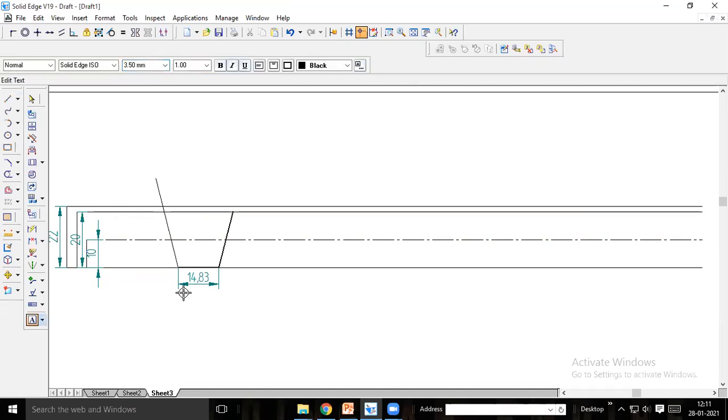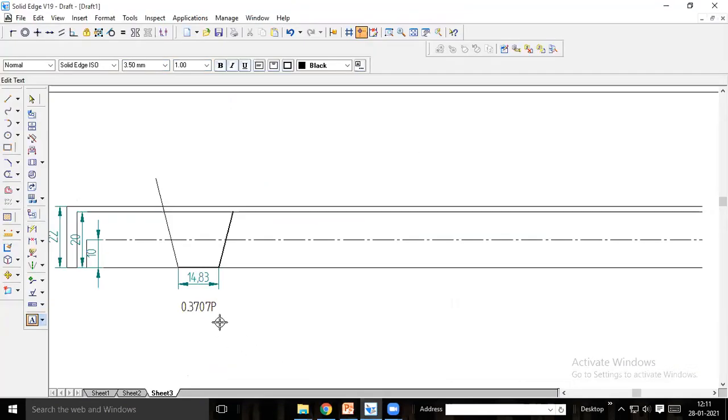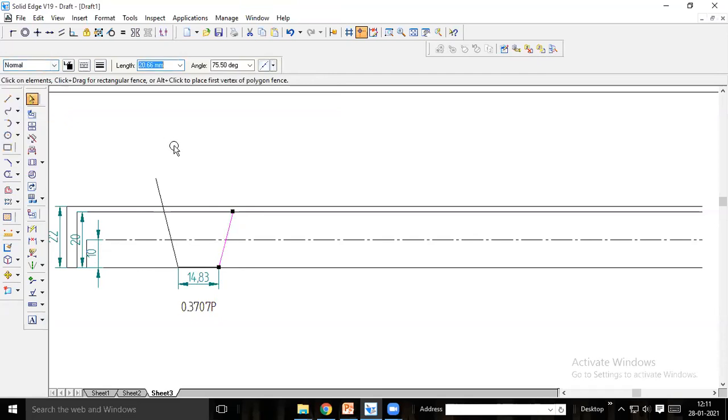That formula is 0.3707 P. For the time being I put it in a normal line. Here from here you have to take 14.83, that is 0.3707 into P. Sorry, 40 is the pitch.